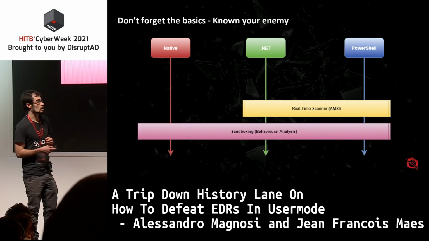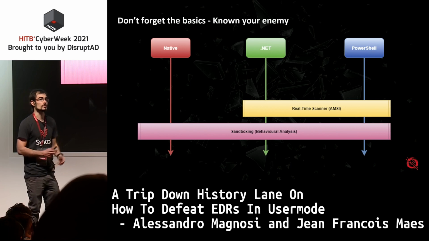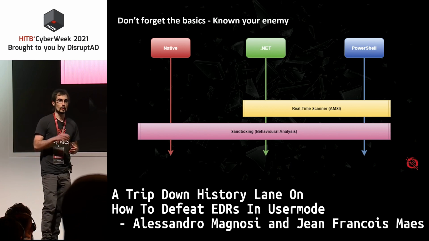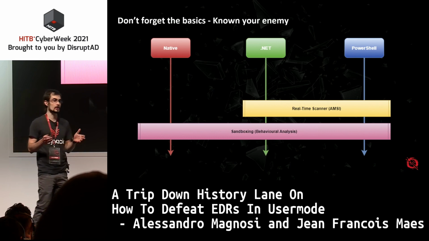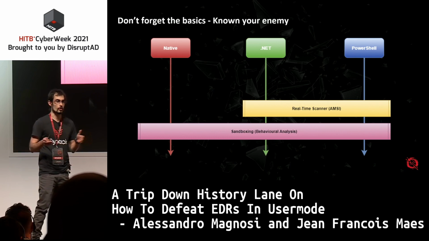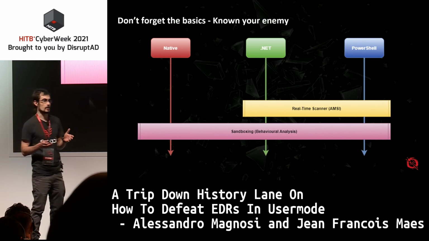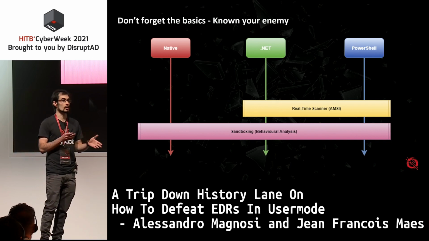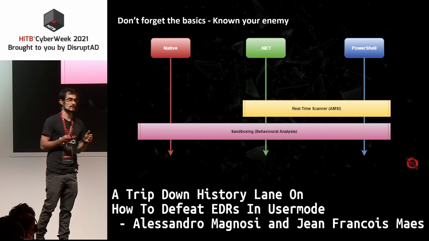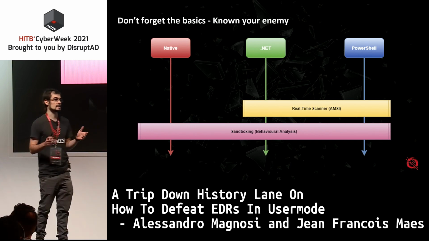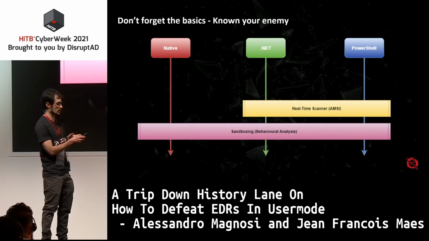Instead, in .NET 4.8 it is loaded on demand, whenever I'm trying to reflectively load something using Assembly.Load or Assembly.LoadFrom, whatever technique I use to reflectively load an assembly. The CLR will inject AMSI in the process image, and AMSI will scan that buffer. So we need to bypass the scanner.